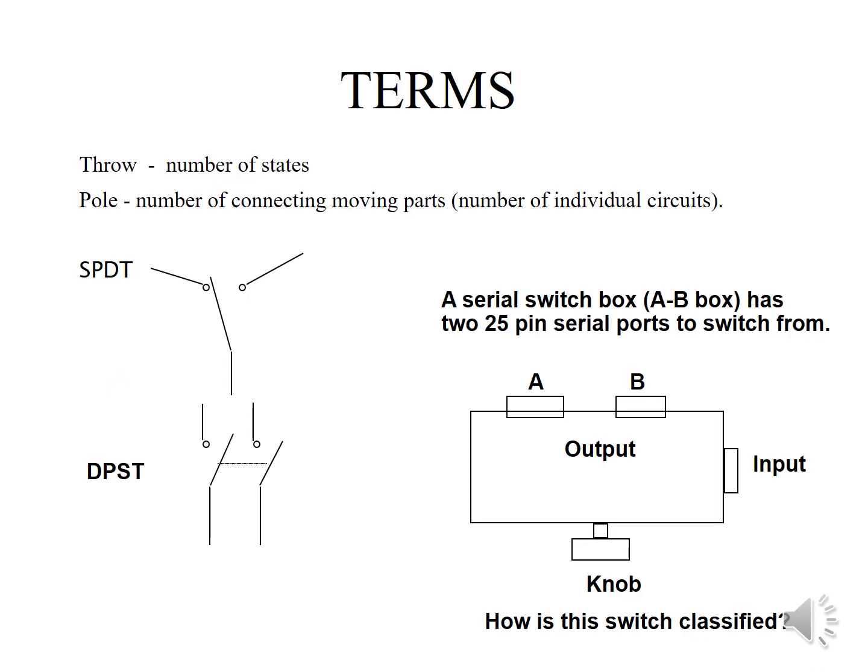These are the terms we used. Throw means the number of states, so on and off, it's a two throw switch like that. Then pole is the number of connecting parts we have. So you can see the various terms that we used in switches.